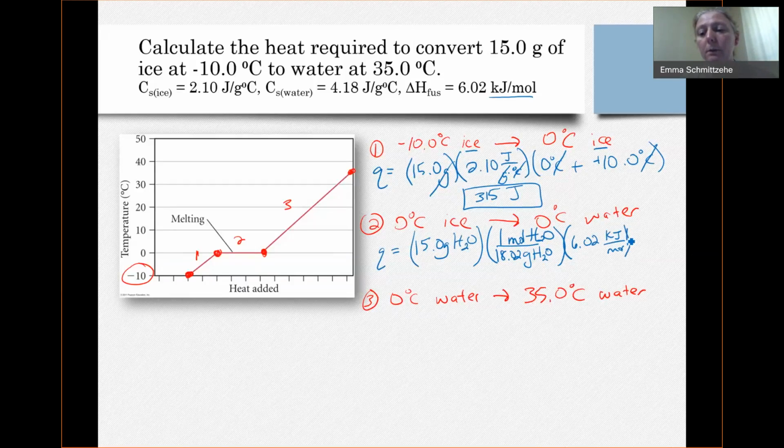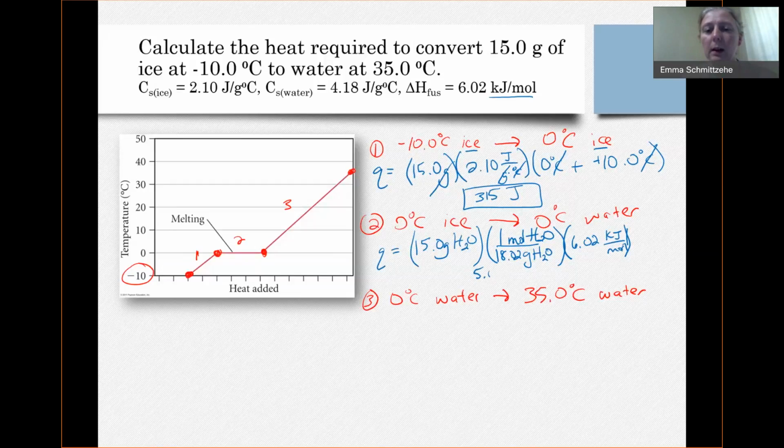So let's see what that gives us. 15.0 divided by 18.02 times 6.02, and that gives us 5.0.